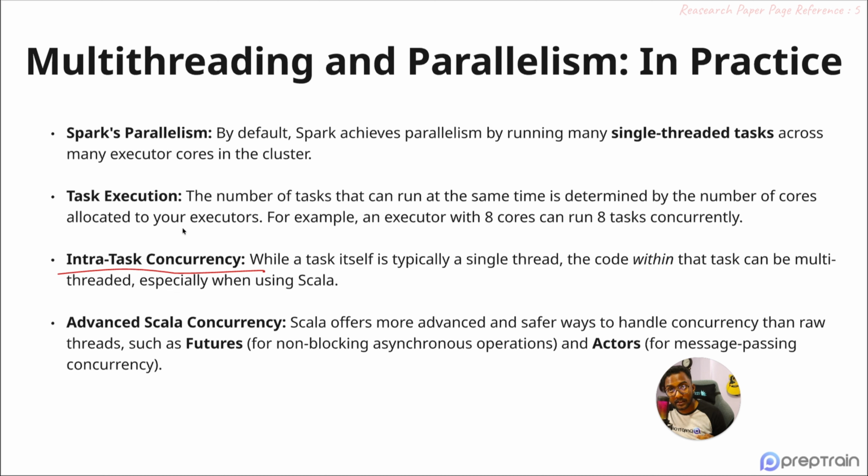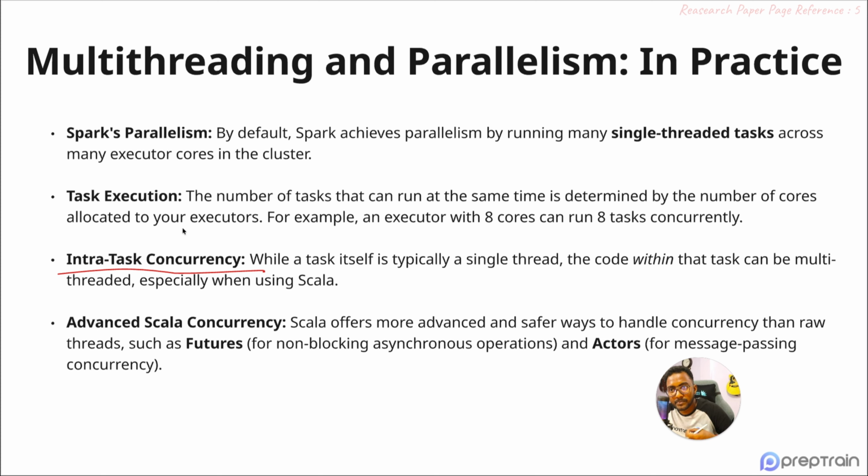We also have this concept of intra-task concurrency that I wanted to discuss. This is where the language choice matters. A task is typically single threaded, but the code within that task can be multi-threaded, especially if you are using Scala. This leads to advanced Scala concurrency. Scala's integration with the JVM helps us, because we aren't just limited to the raw and manual thread management that we have from Spark.